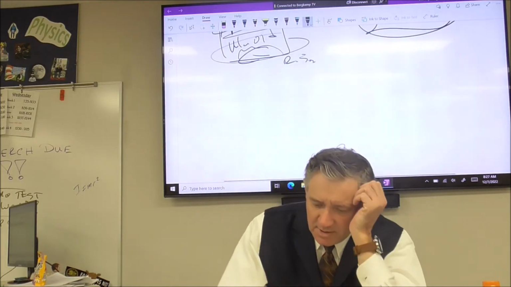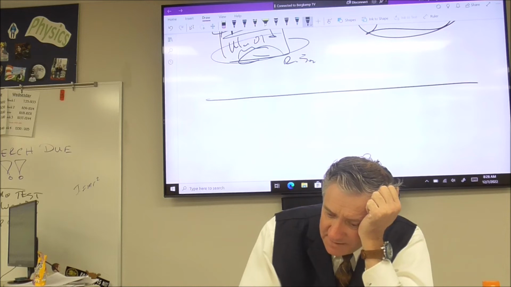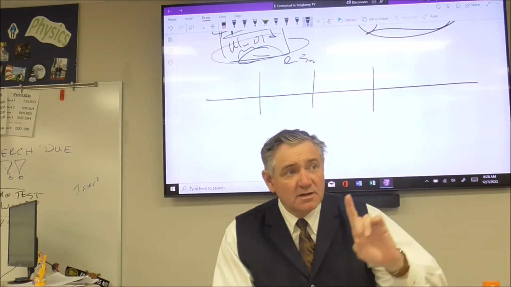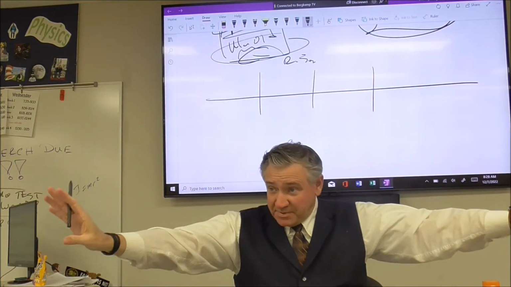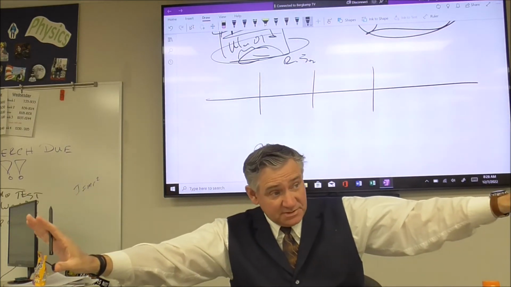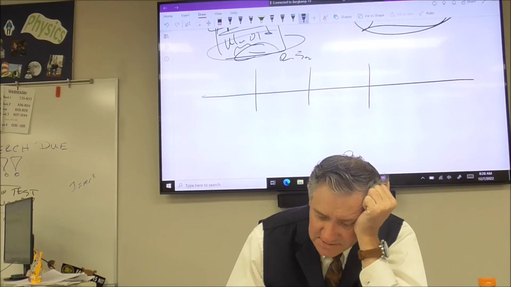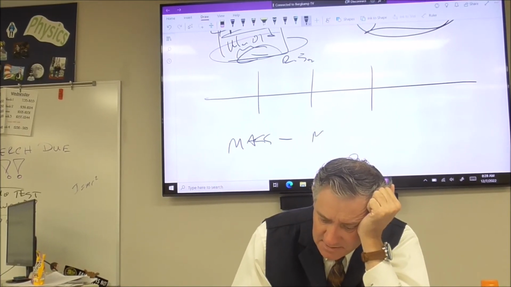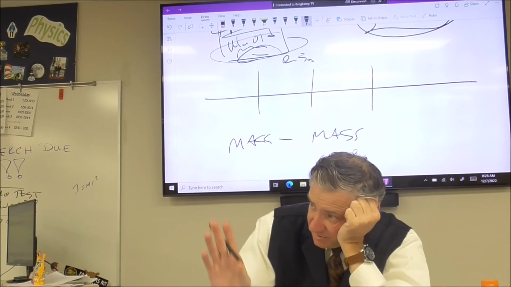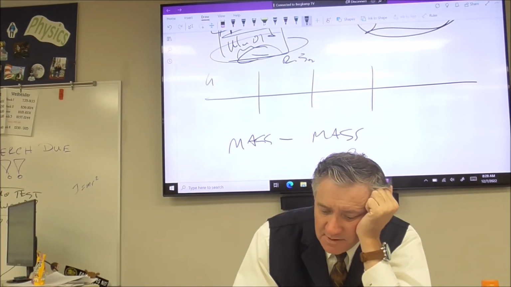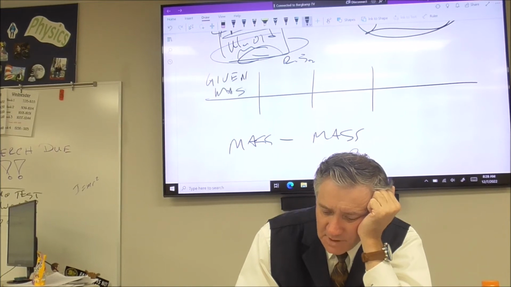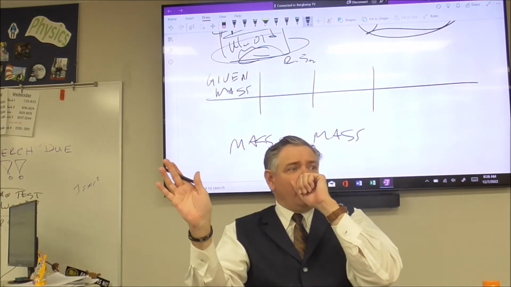Now, some people like a fill-in-the-blank approach. Here's another option. I'm giving you options. As long as it is just a mass to mass conversion, here's your sequence. This is going to be some given mass.